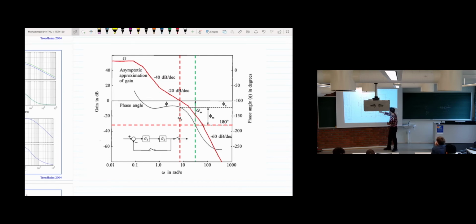We check the gain margin when the phase plot crosses the 180 degree line. Here, this is the 180 degree line. And we check the magnitude at this point from 0 dB to here. So we try to have this gain margin at least 6 dB. This is a design rule to have at least 6 dB.